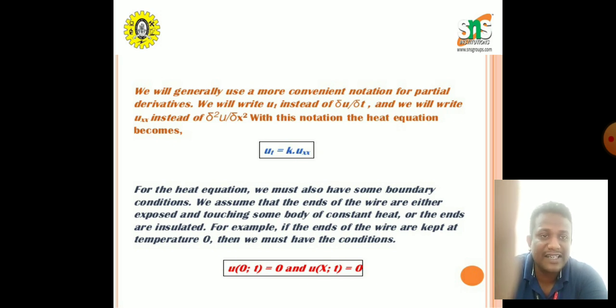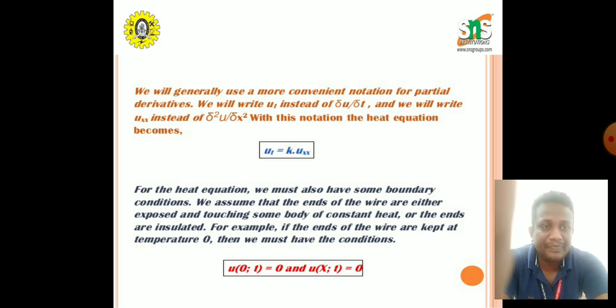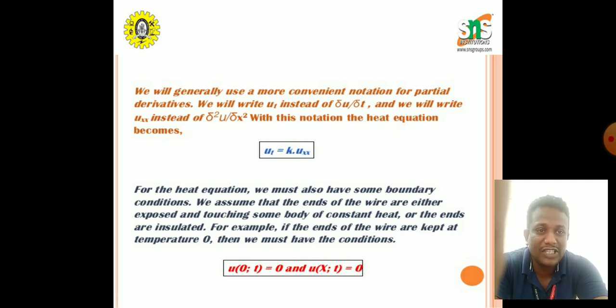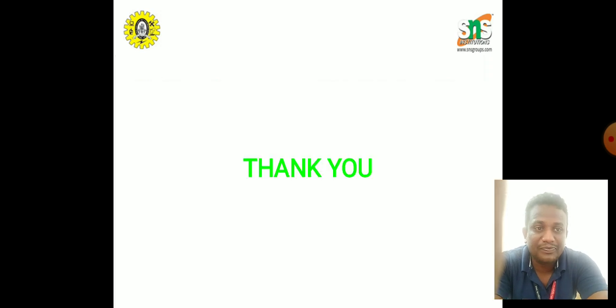We assume that the ends of the wire are either exposed and touching some body of constant heat, or the ends are insulated. For example, if the ends of the wire are kept at temperature 0, then we must have the conditions u of 0 comma t is equal to 0, and u of L comma t is equal to 0.